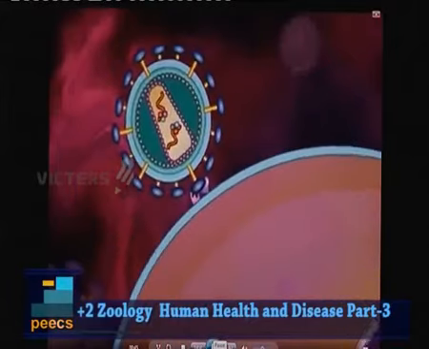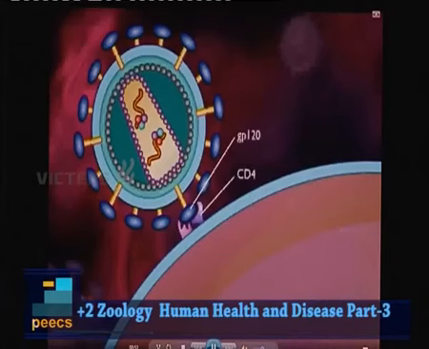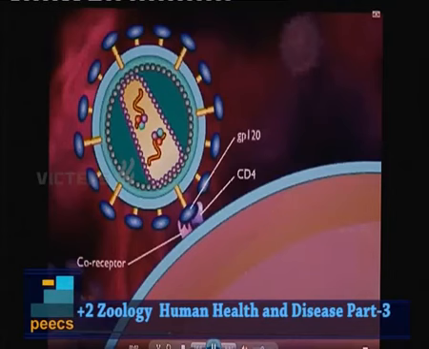Now, I am going to show you a video that is related with replication of HIV. In this video you can see the HIV is attaching on specialized receptors with the help of GP120. CD4 receptors found on the surface of the host cell will be used for this, and you can also see a co-receptor along with this, and further there will be entry of this HIV.